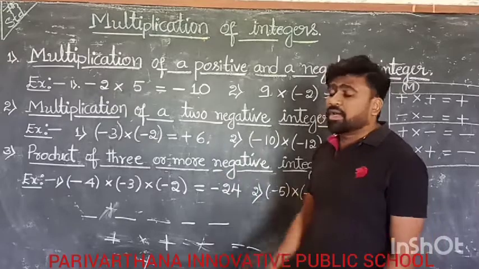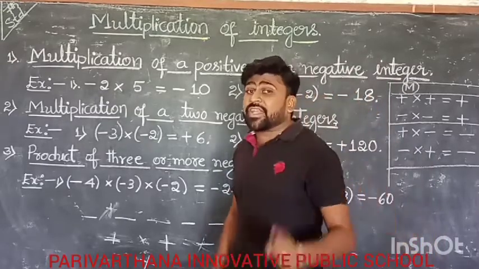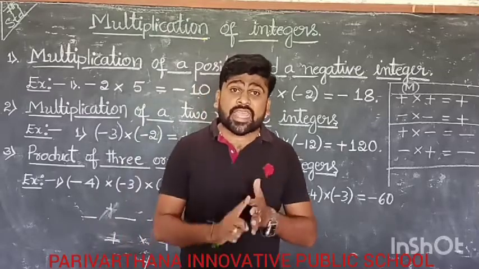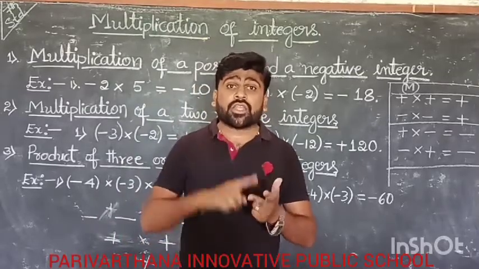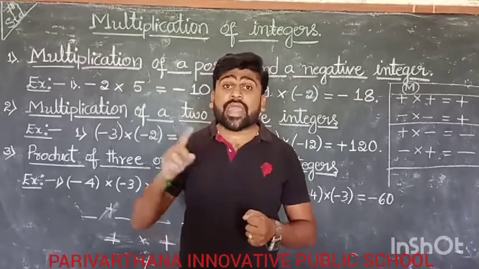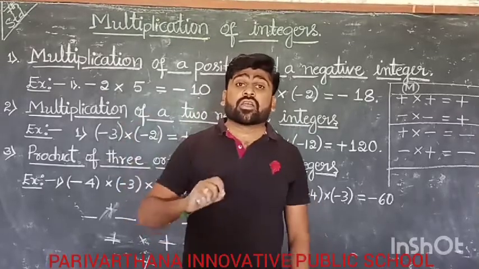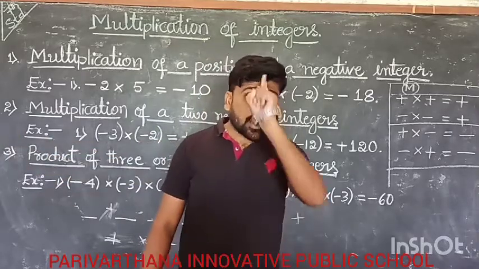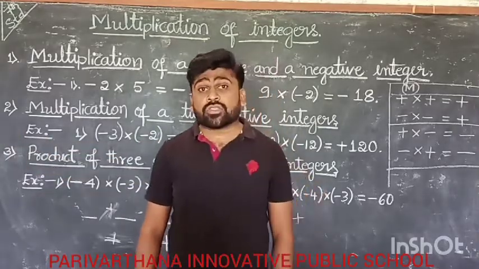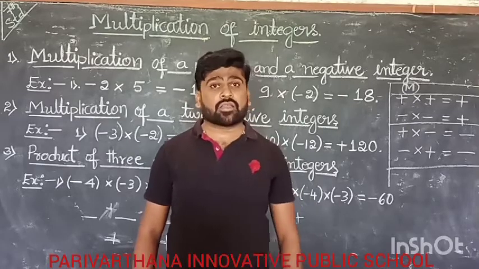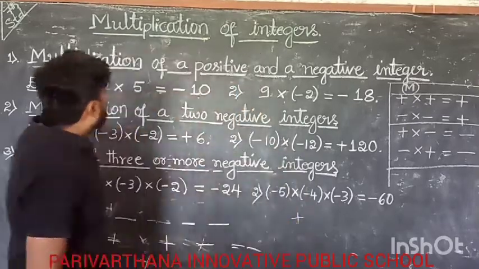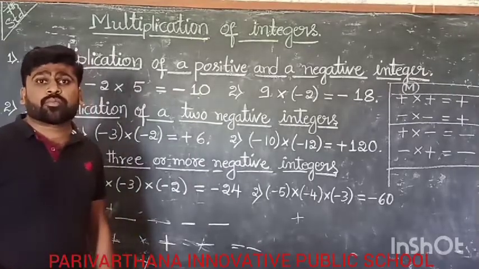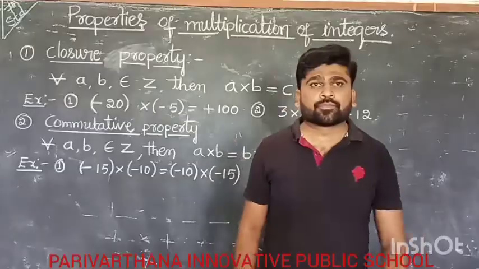If an even number of negative integers comes, 2, 4, 6, 8, 10, 12, 14, 16, 20, 22, and so on, the answer is always a positive integer. Clear? These are the three important points regarding the multiplication of integers. Next we are going to discuss properties.